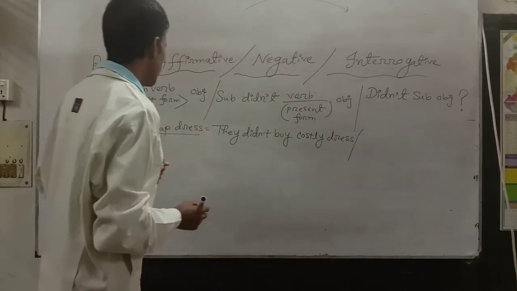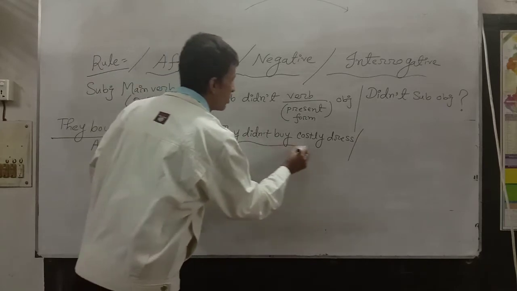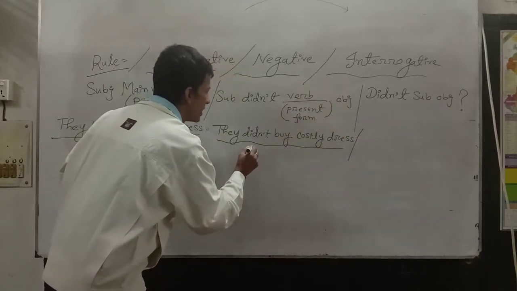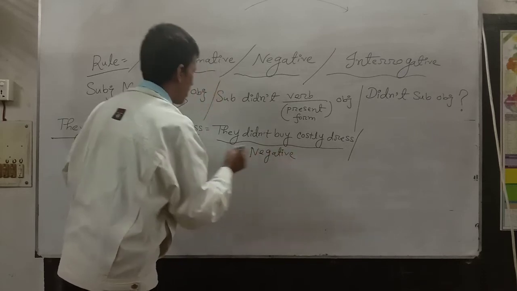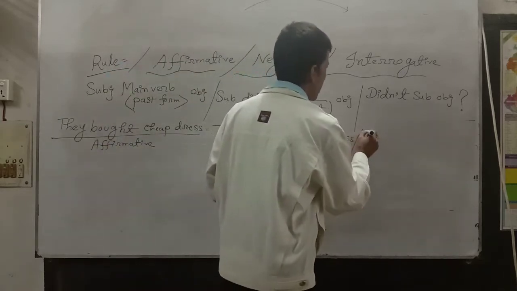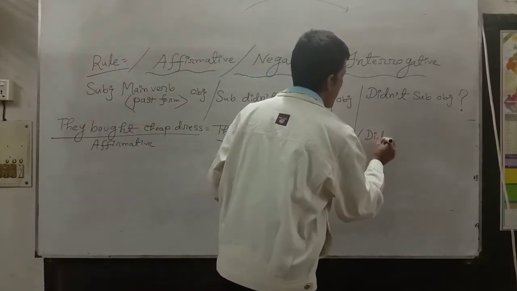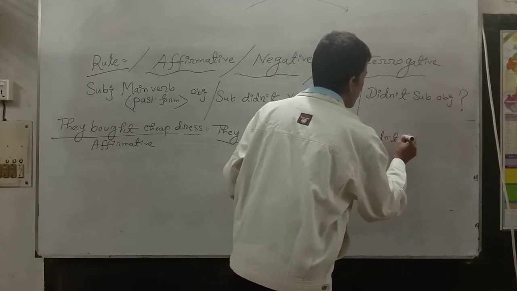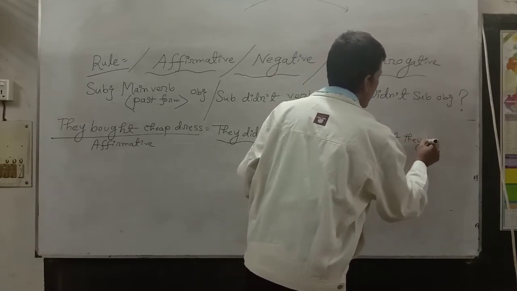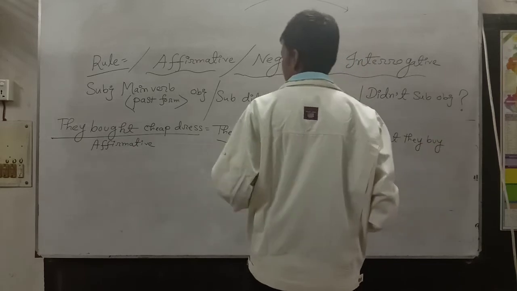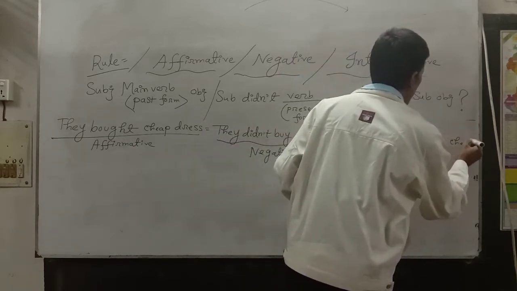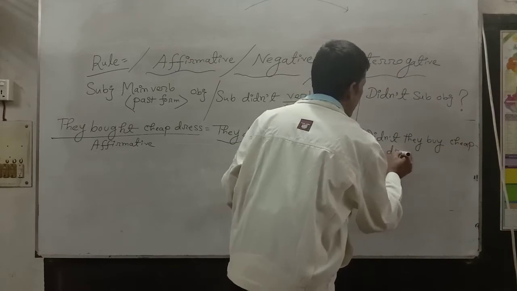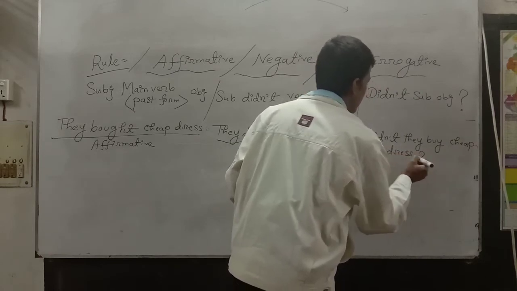And at last, in the third part, you will have to write the interrogative sentence: Didn't they buy cheap dress?